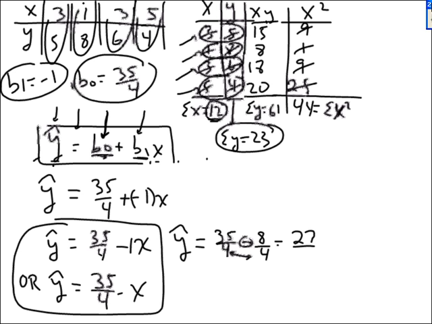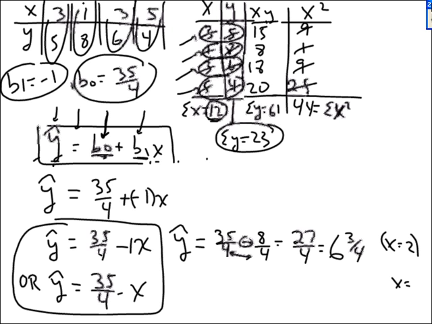So you get 27 over 4, which is 6 3/4. That's what you would approximate the y value to be if x were 2.